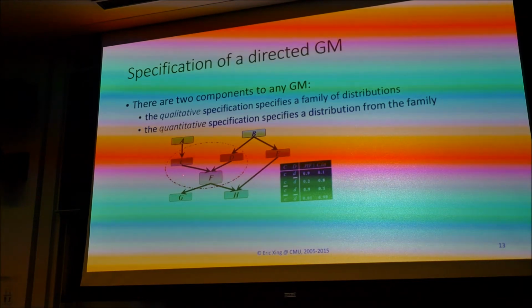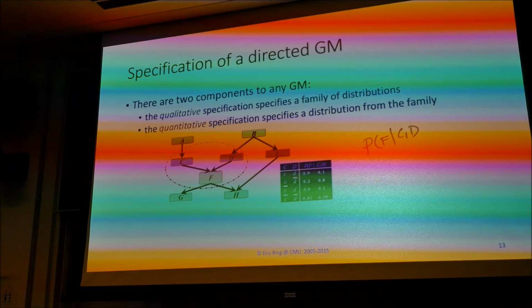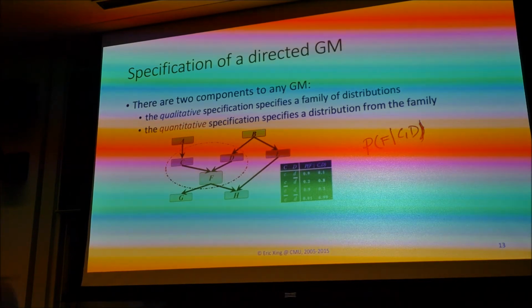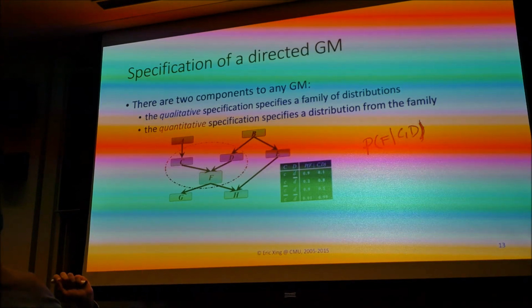So for example, in this specific graph, the F variable depends on C and D. So the conditional probability distribution of F depends on two variables, C and D. So for a second, assume that F can take two values, and each of those can take two values, right? So the CPD will become a table where for each of the values of the parents, you will get a distribution. So the row sums to 1.